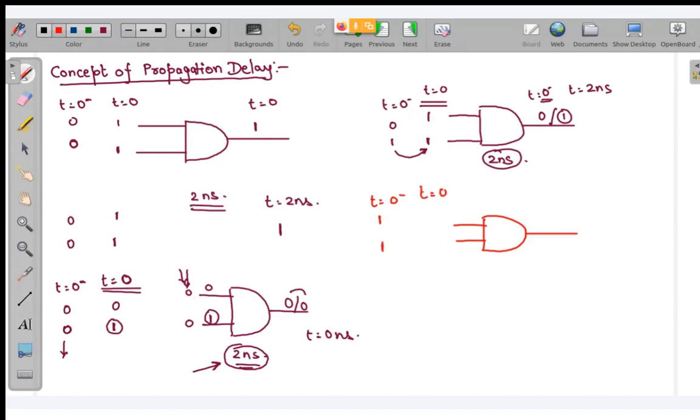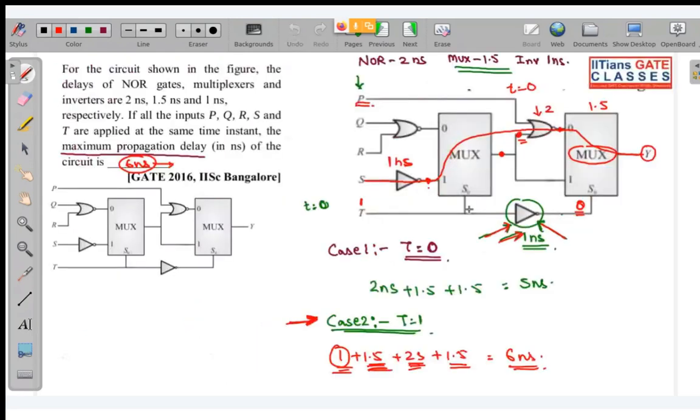At t equal to 0 my inputs are now 0, 1. You can see your output is making a transition from 1 to 0 after 2 nanoseconds. So this can also be the case. Why are you assuming that it will always be 0? I can also assume a case like this. Tell me if I am wrong. Are you getting my point?